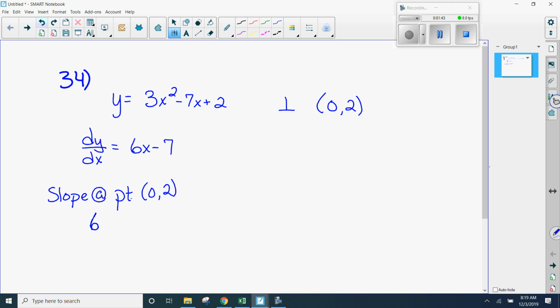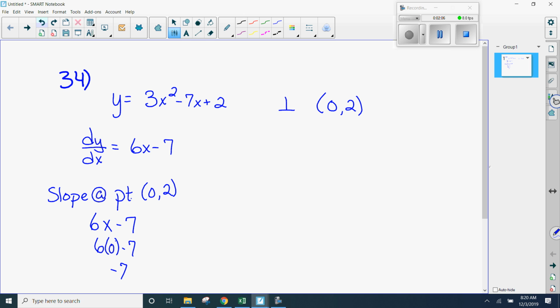We're going to take the slope equation, which is dy dx. So we're going to take 6x minus 7, and we're going to replace x with 0. So the slope is -7.